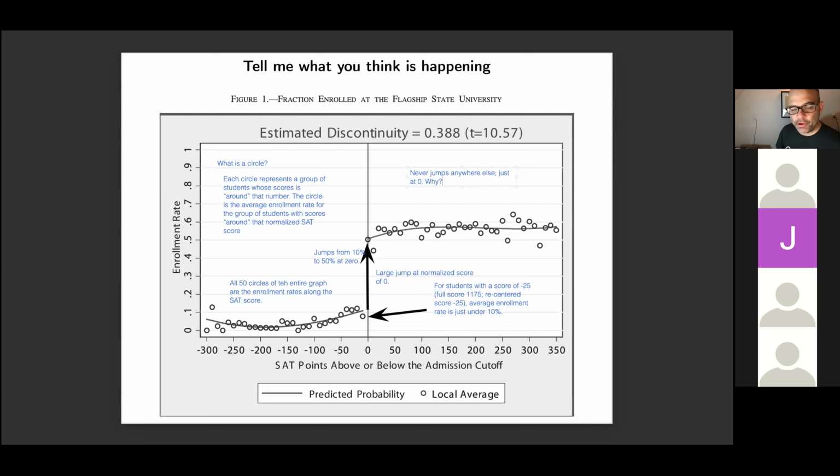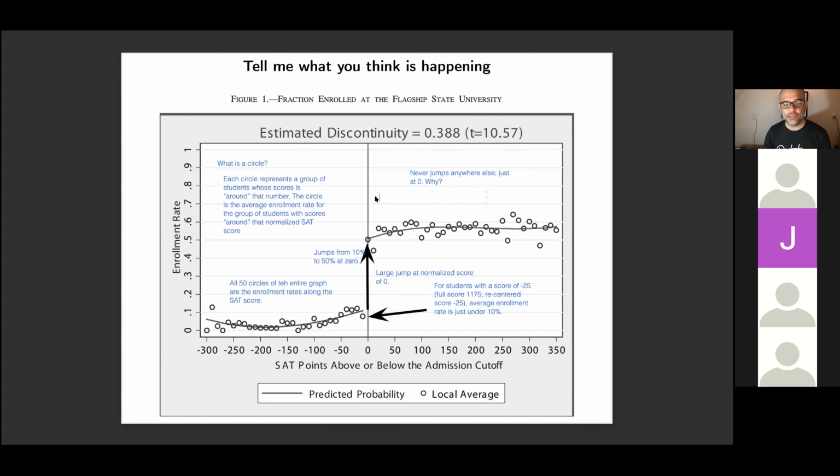What happens at 0? It's right at the curve, and people maybe relax when they got a good score and don't do much to improve. Yeah, exactly. So what's going on here?